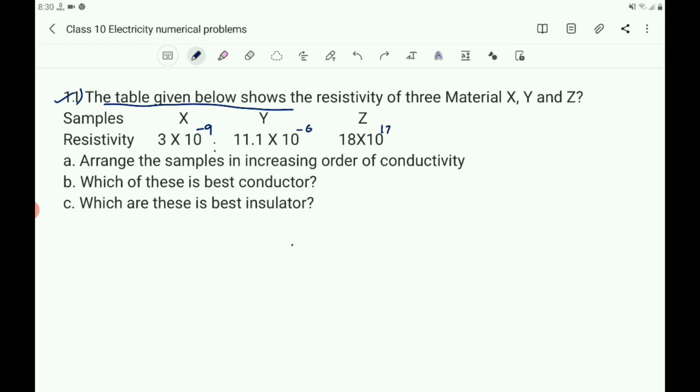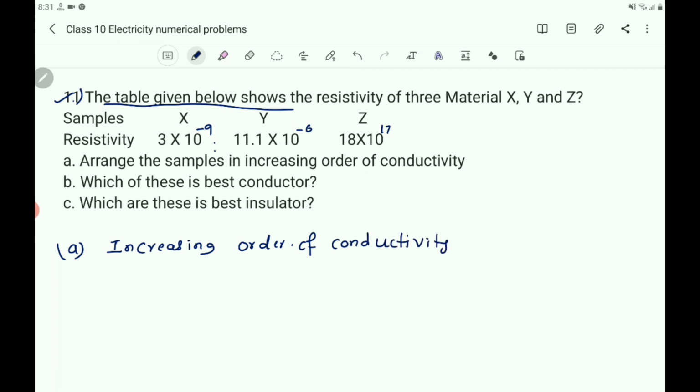So you write first answer A, increasing order of conductivity.